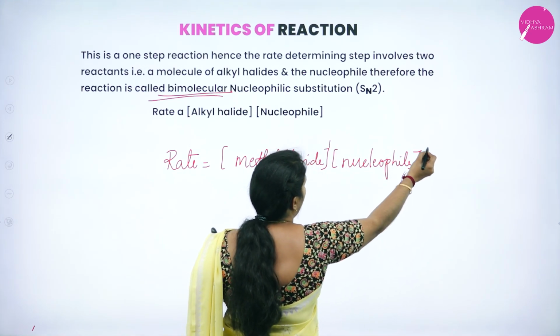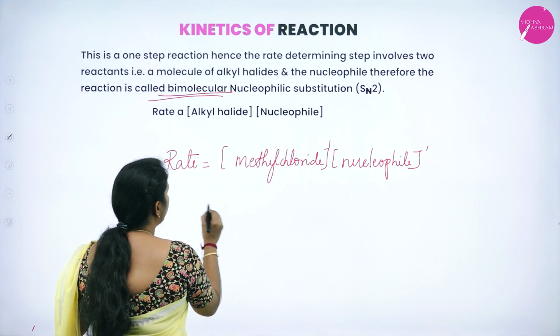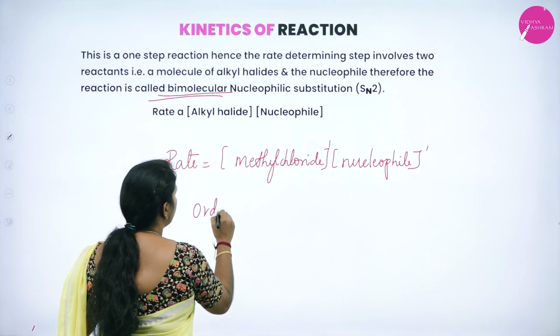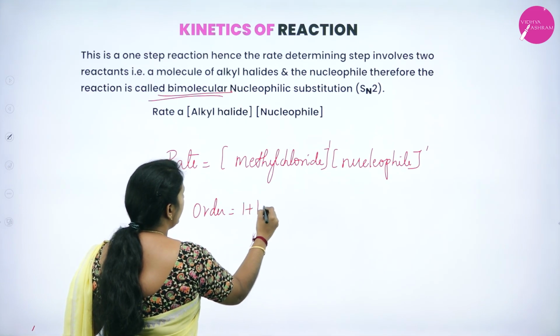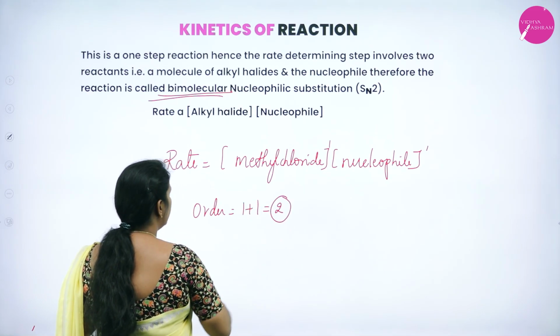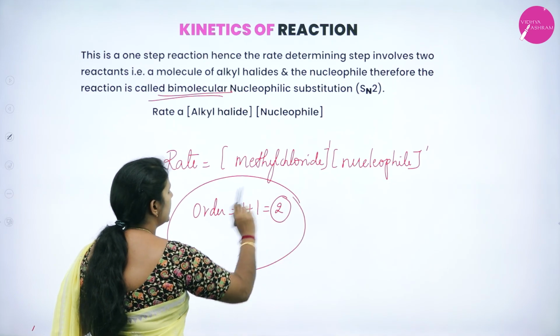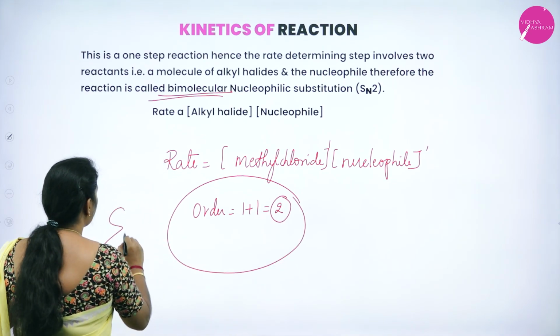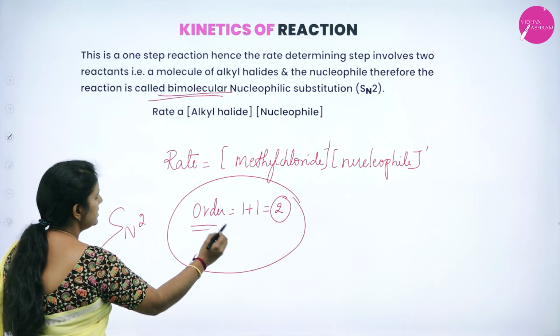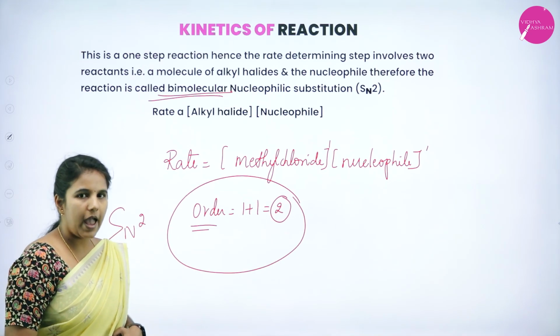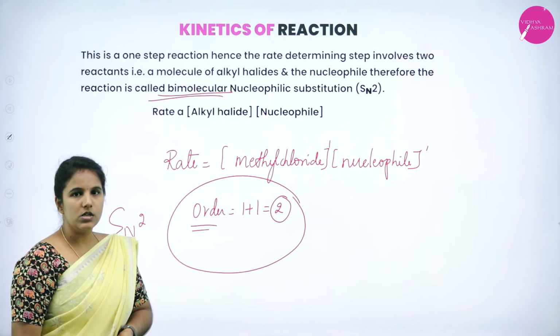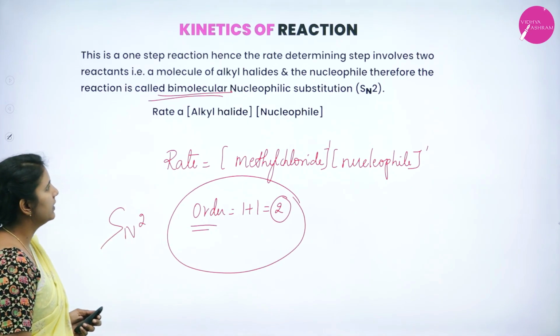Okay, so if you count the powers, the order becomes what? 1 plus 1, which is nothing but 2. That is why the SN2 reaction mechanism is called a second order reaction mechanism. So, hope you all understood this.